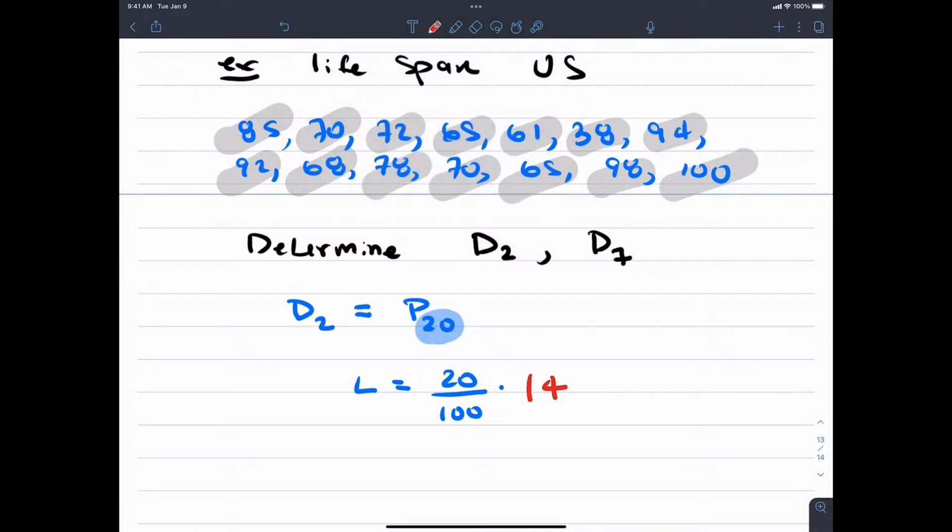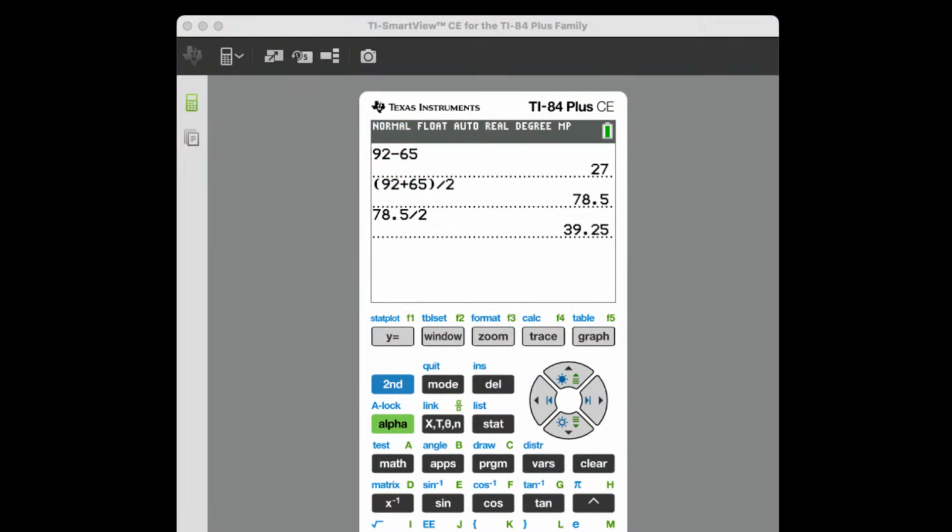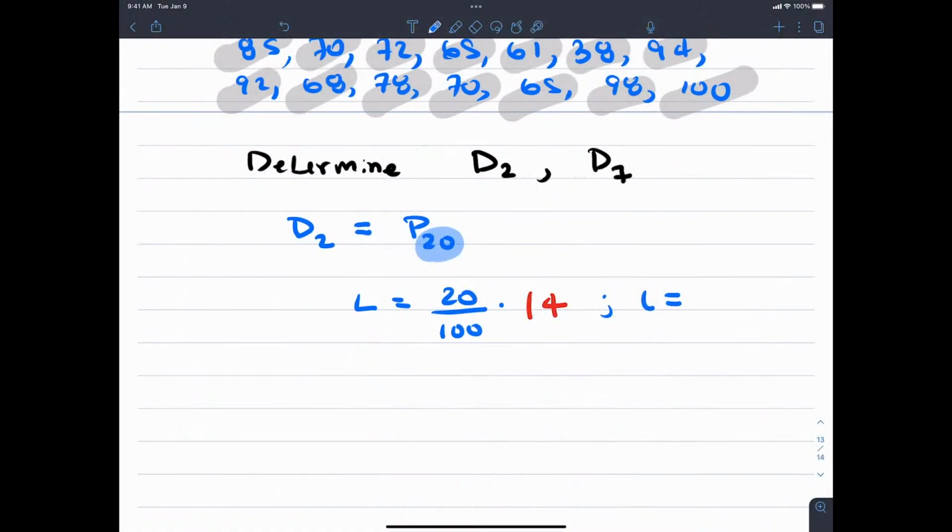So be careful. 20 divided by 100, this is homework questions, times 14. What does L equal? L, ladies and gentlemen, is 2.8.